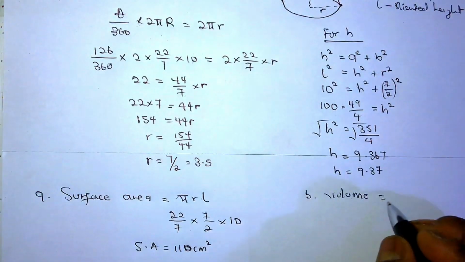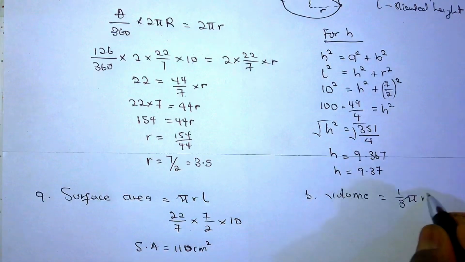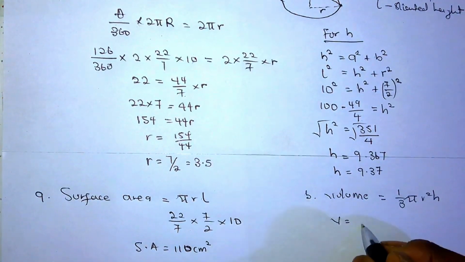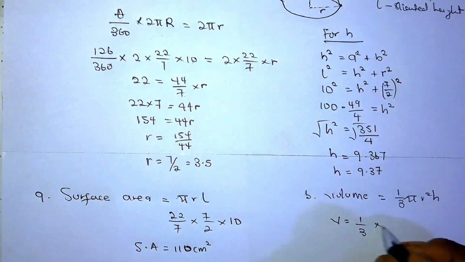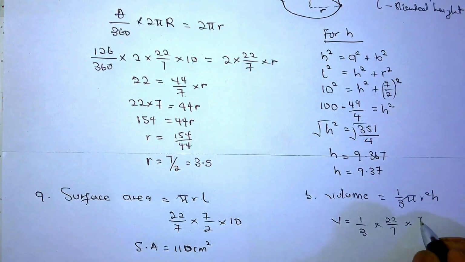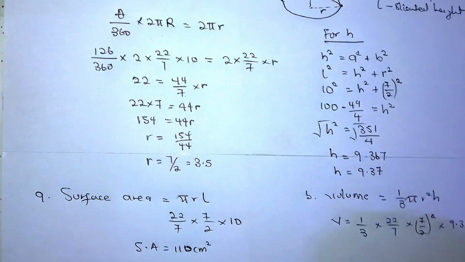Now the B is to find the volume. Now the volume of a cone is given by 1/3 pi r squared h. So V is going to be 1/3 times 22/7 times 7/2 squared times the h, 9.37.